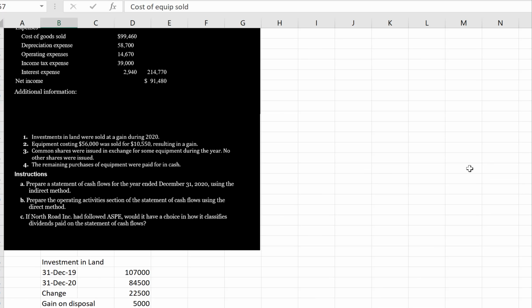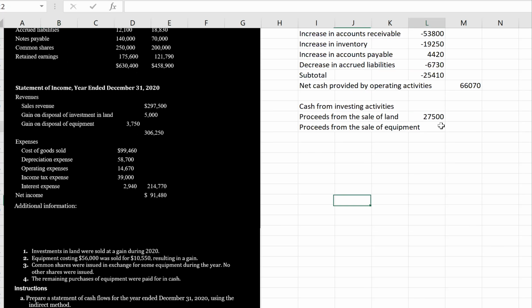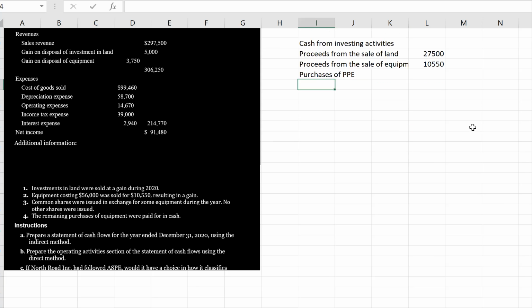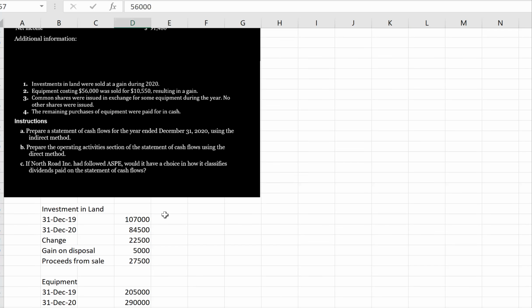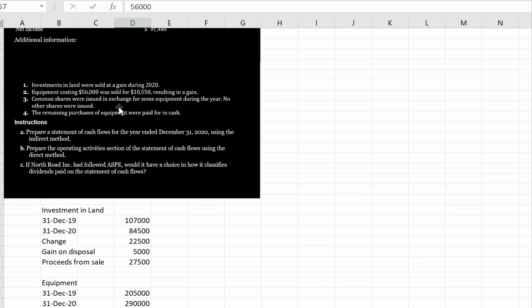So all we're looking for here is the change in the account, which must give us the purchases. So we've got the 10,550, which we were given simply in the supplementary information, but then we've got purchases of PP&E. So let's see what we've got here. Common shares were issued in exchange for some equipment.